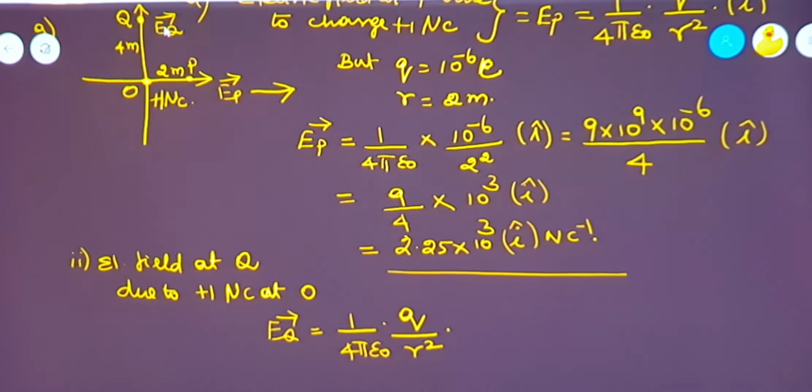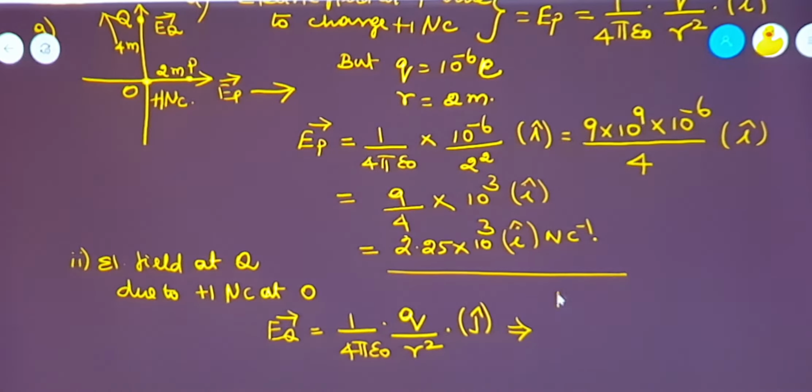In what direction will this act? The electrical field will act away from this positive charge, so it will be acting in the upward direction. Upward direction means positive J cap. So I can write the direction as J cap, because it is along the positive y-axis.